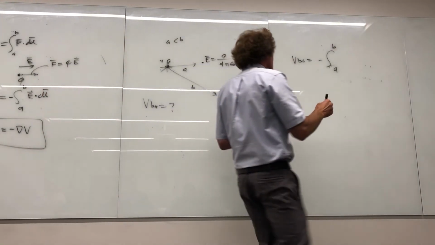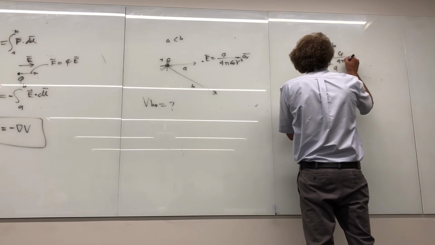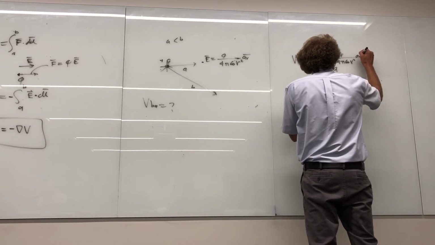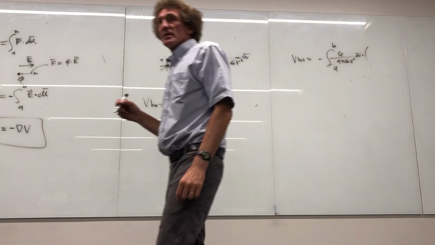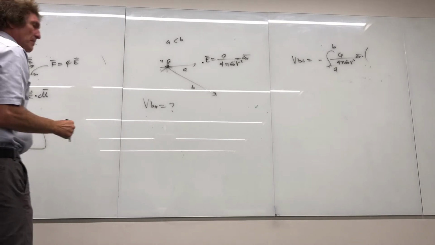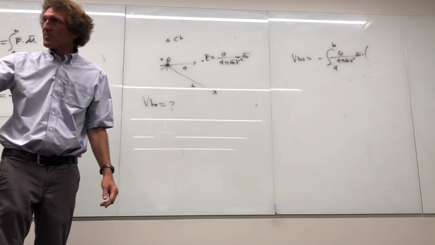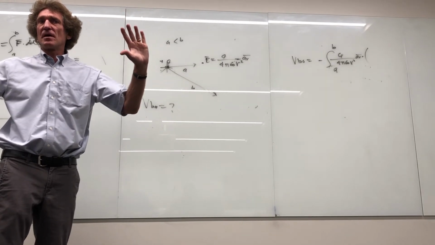So I put down the electric field. It's Q over 4 pi epsilon naught R squared AR. Now I've got to dot that into a differential length. Some of you know this, some of you don't. In the chapter, didn't I include a post thing where it has the differential lengths or not?